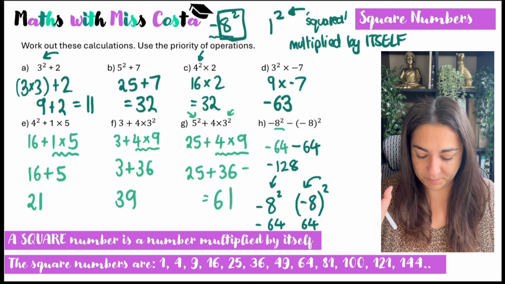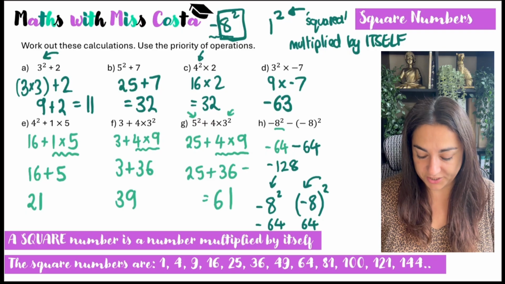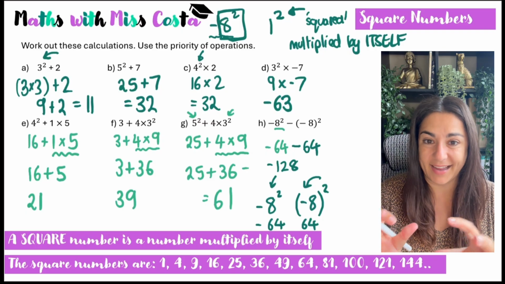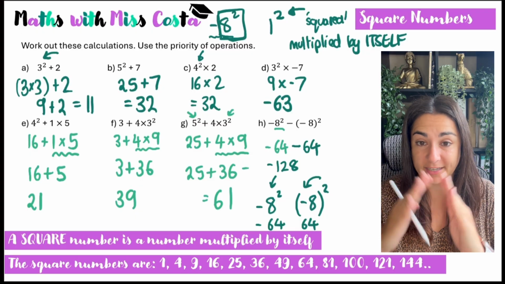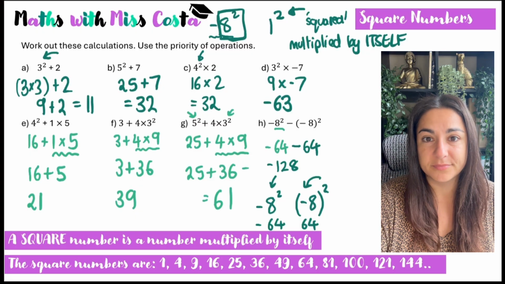That's just an extra bit if you get a complicated question with a bracket and a non-bracket square number. Otherwise, just assume a negative times by a negative is a positive.